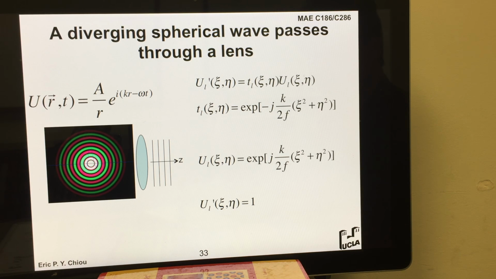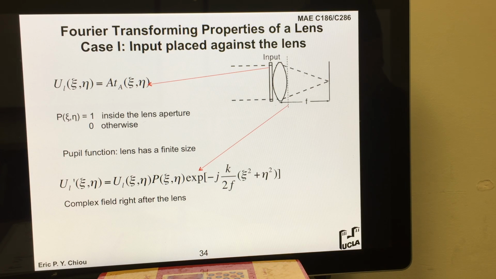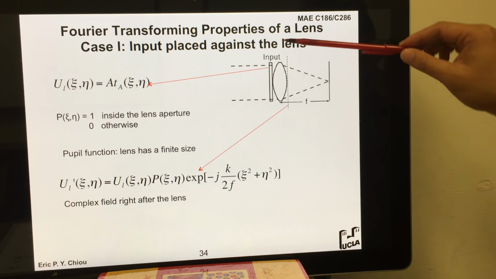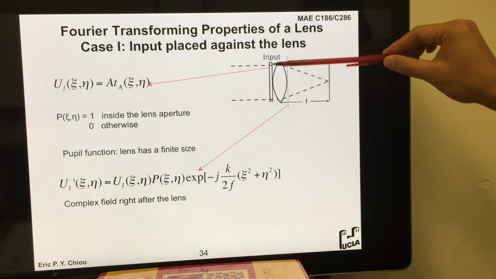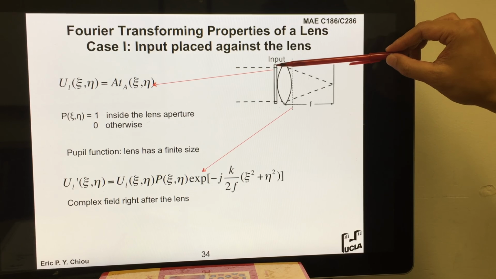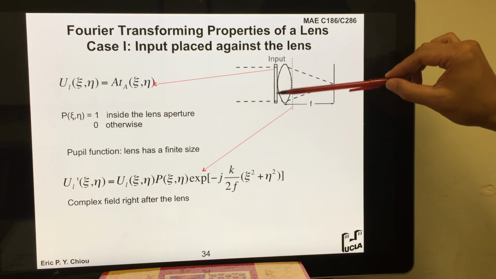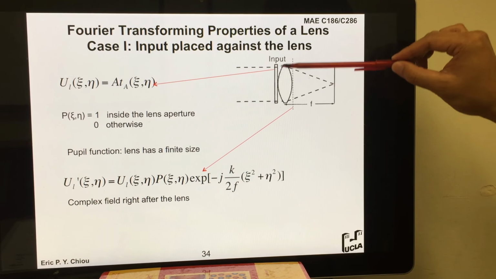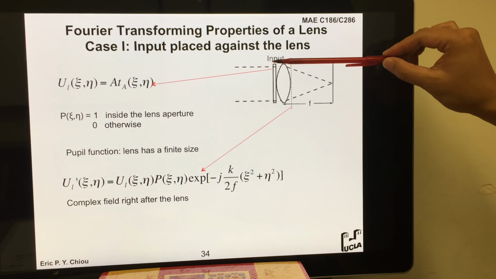Okay, and let's see. This is what we care about. We want to check if what we just described is correct or not. So this is my input. I put the lens, and I put the image input plane right in front of my lens, or pretty much touching.